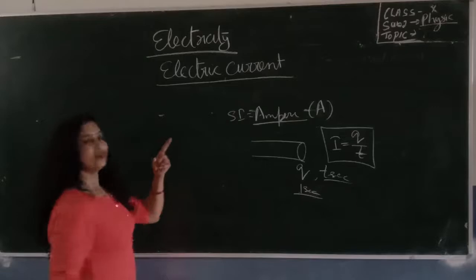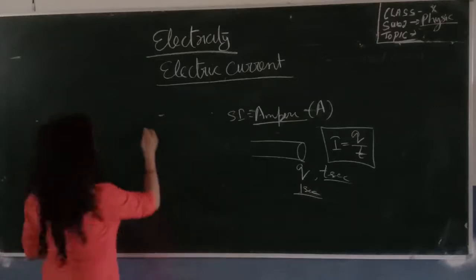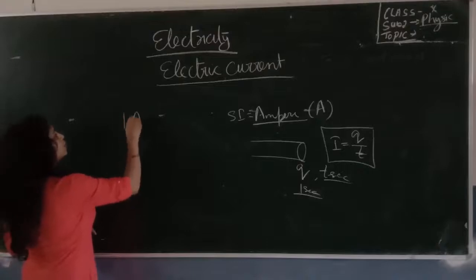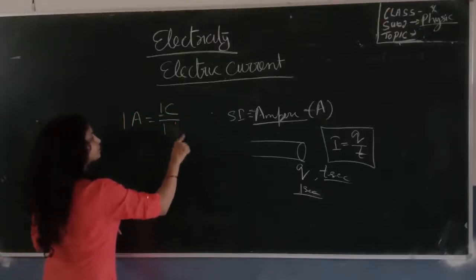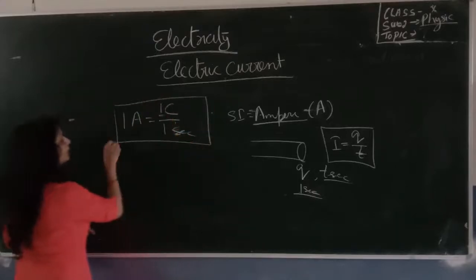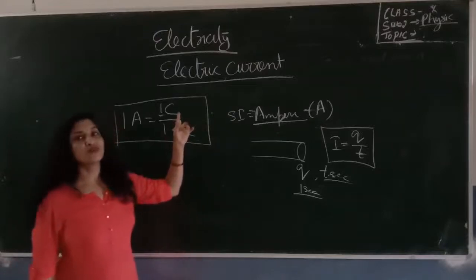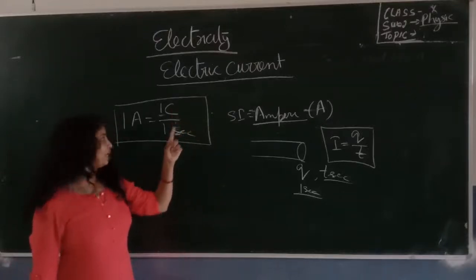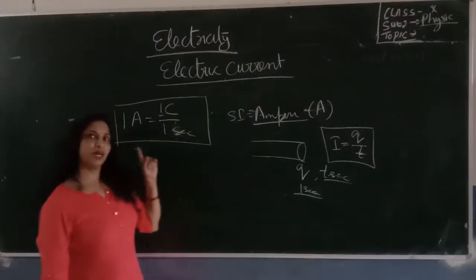Okay, how can I define 1 ampere? Now we know that current is equal to charge upon time. So 1 ampere should be equal to 1 coulomb upon 1 second. If 1 coulomb of charge is flowing through any cross section in 1 second, then the current flowing through the wire is 1 ampere.